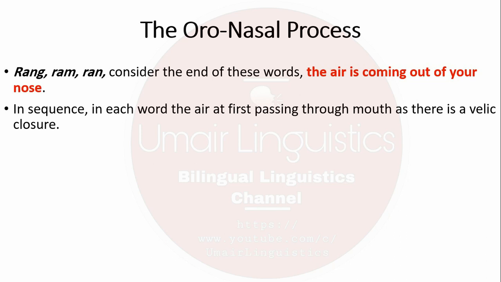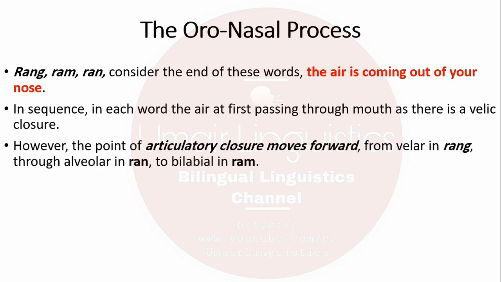For this you can watch the first lecture if you want to know about this aspect, but here I'll show you through a picture as well once again. But the point of articulatory closure moves forward from velar in rang through alveolar in ran to bilabial in ram. So what does it mean? What is happening in rang?